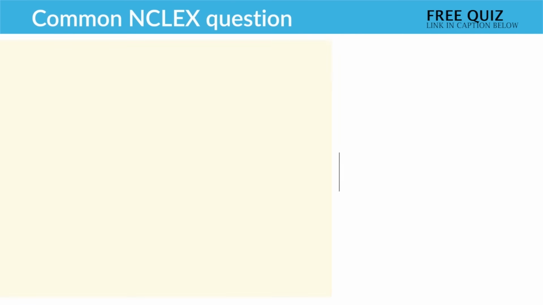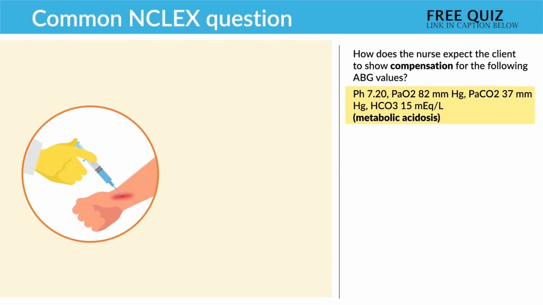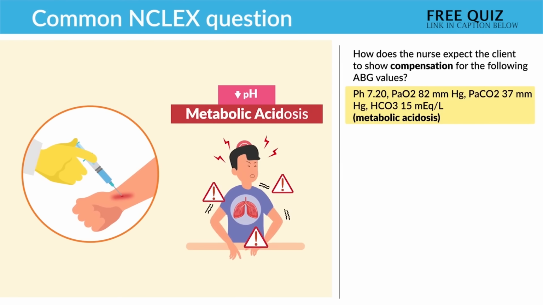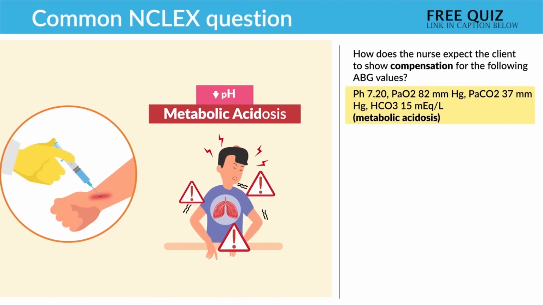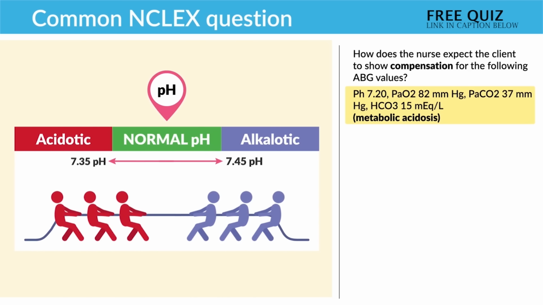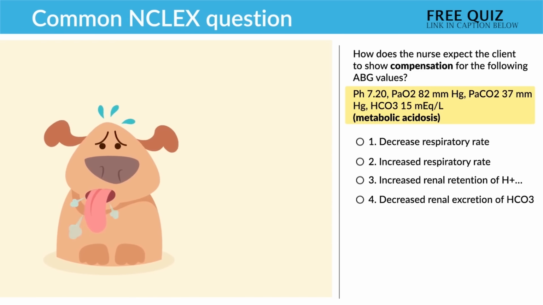So a common NCLEX question gives you ABG numbers for a client in metabolic acidosis, asking how does the nurse expect the client to show compensation? And a little side note, don't worry about interpreting all these crazy numbers, we'll break this down next. So just think metabolic acidosis, right? They need to go into alkalosis.